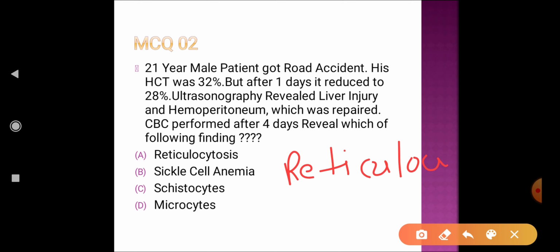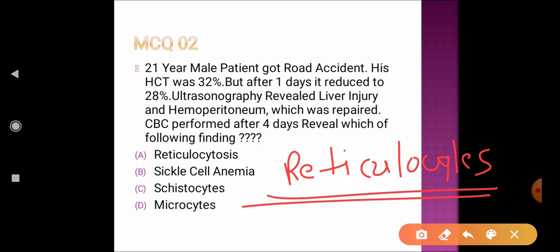So your reticulocyte count will obviously be high whenever you have blood loss. Reticulocytosis is suggestive of blood loss, and it is a compensatory mechanism that happens after 2 to 3 days or might start immediately. So after 4 days you will see reticulocytosis in your peripheral smear.